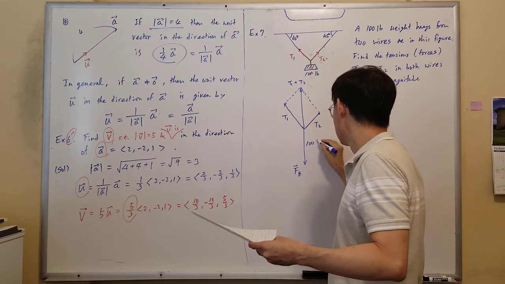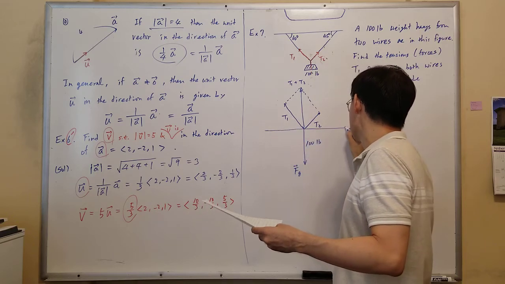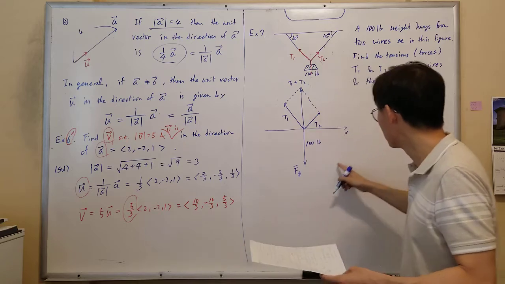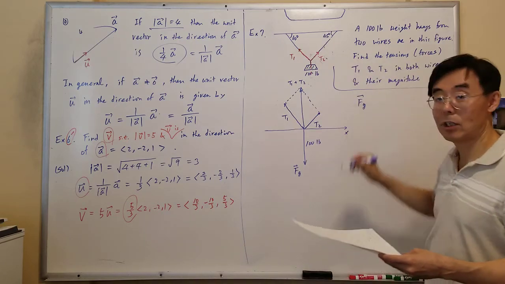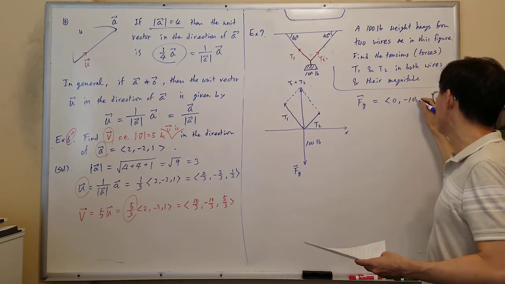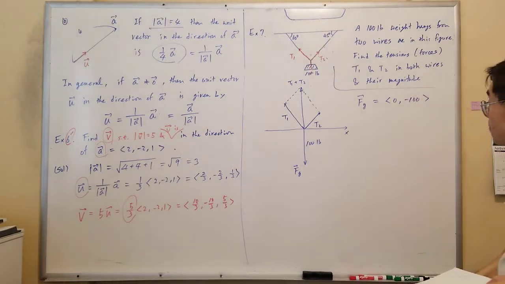100 pounds. Okay? So if I draw the x-axis like this, this should be the vertical force. So your Fg, gravitational pull, will be 0, minus 100, because it's going down, right?